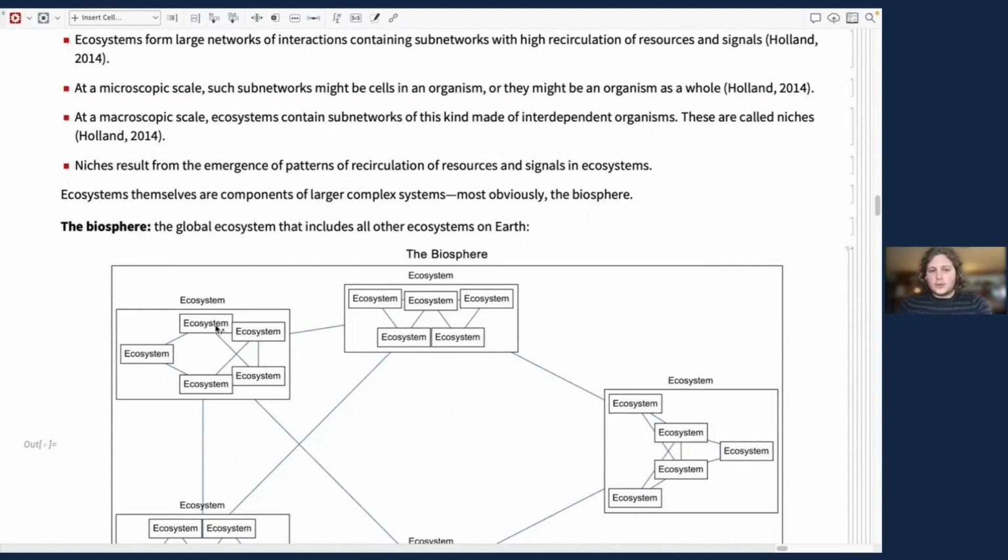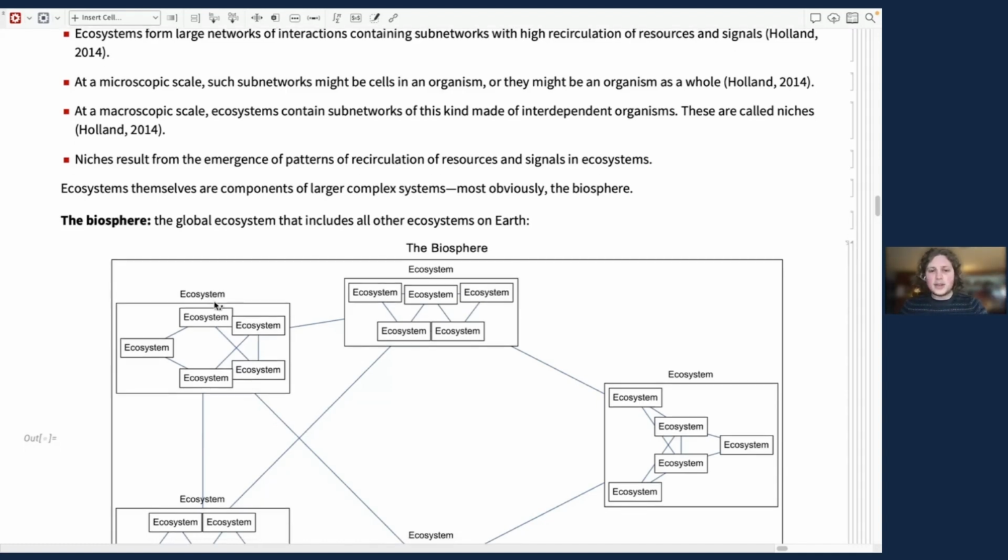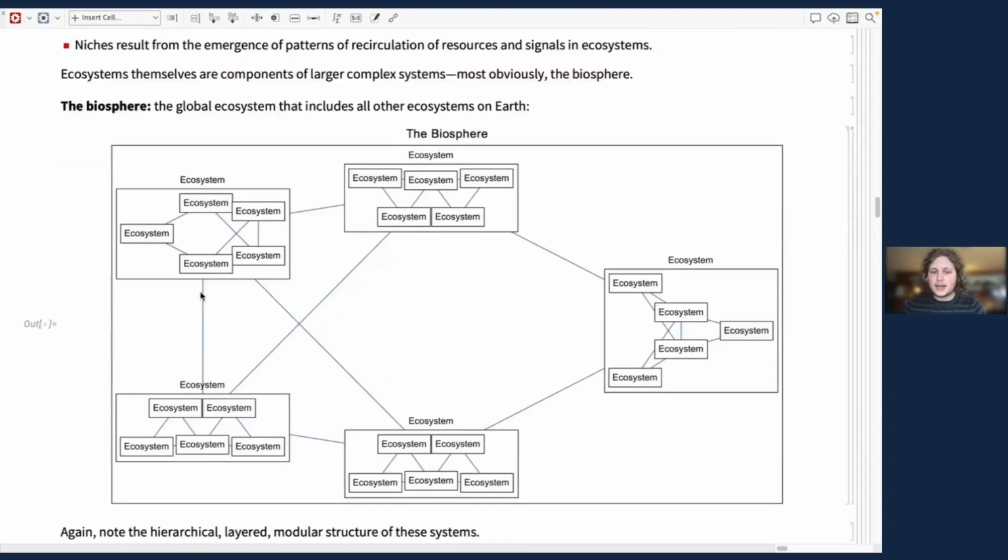We also find that ecosystems assemble in these modular hierarchies. This is a simplification, obviously, because we can't necessarily draw clear borders between ecosystems, but in a statistical sense this is the case. The sum total of this nested hierarchy of ecosystems is what we call the biosphere.